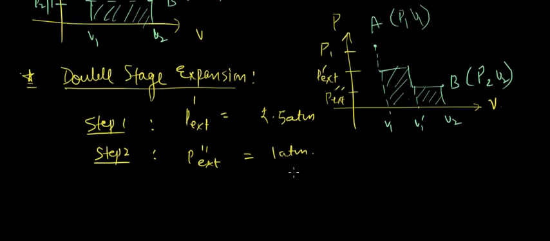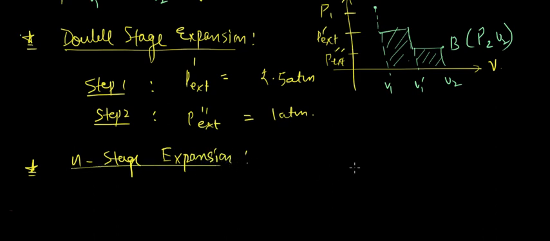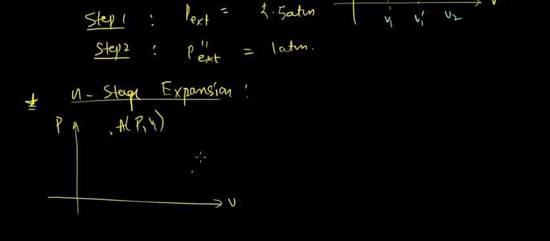Okay, next let's see n stage expansion. So n stage expansion also falls into the category of reversible expansion. Okay, so let's see how this goes. So again we have a PV graph. Again we have point A P1 V1 and point B P2 V2.